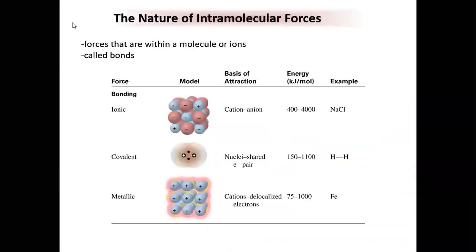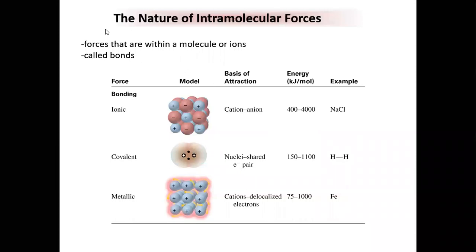Now we talked earlier, in a previous lecture, about intramolecular forces. These are forces within molecules or ionic entities or metals that hold the atoms together or the molecules together. So we're talking about within a molecule, you have covalent bonds.